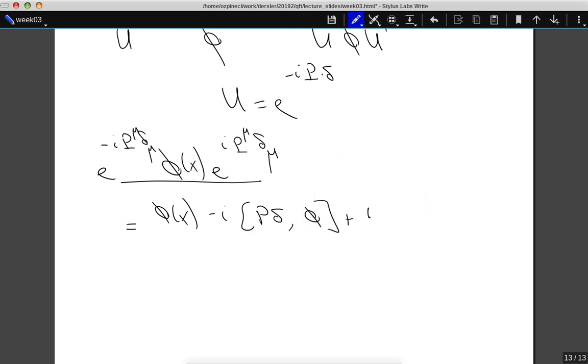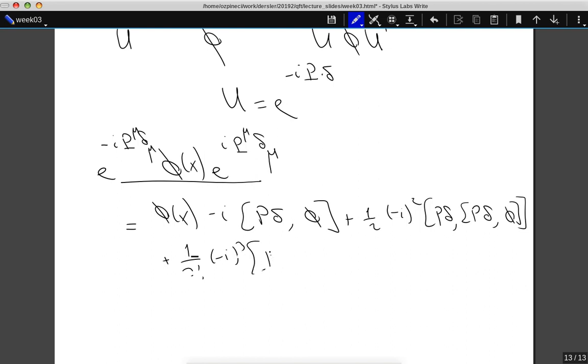P delta phi plus 1 over 2 minus i squared P delta phi plus 1 over 3 factorial minus i cubed P delta phi. So if you just expand it to all terms, this is what you would get.